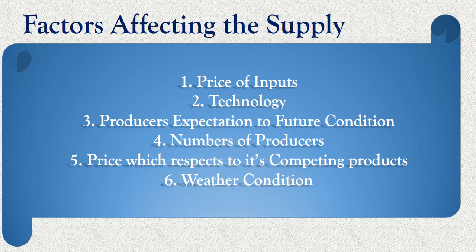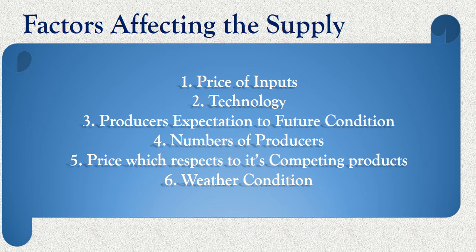Of course, as the price of competing products increases, you will also increase your price to have the same level of price, and the supply as well. Because in accordance with what I discussed earlier, supply has a positive relationship with price. So as the price increases, the supply increases as well.